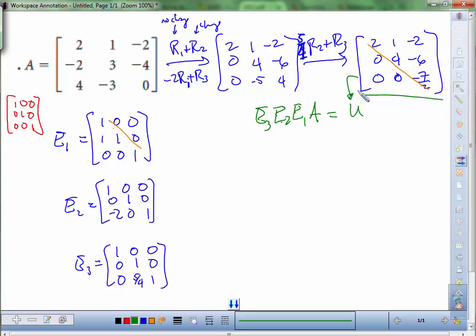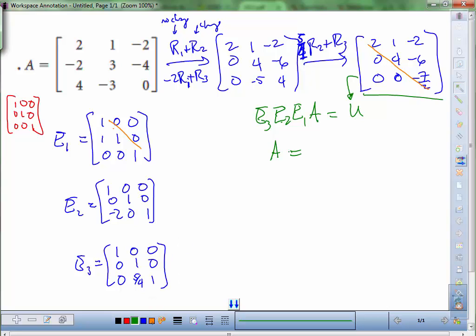So far what we have is that if we apply these elementary matrices to our original matrix A, we're going to get our upper triangular matrix. And we've already made the observation that E1, E2, and E3 seem to all be lower triangular matrices, right? But we want that to go on the other side. So remember, if we want to get A by itself, what we need to do is the inverse one by one, or piece by piece.